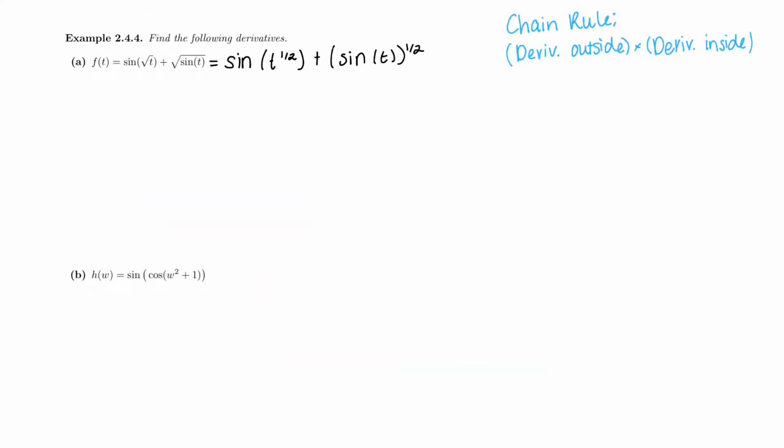Outside was green, inside was blue. So for this guy here, the outside is the sine of the square root of t. The inside is the square root of t.